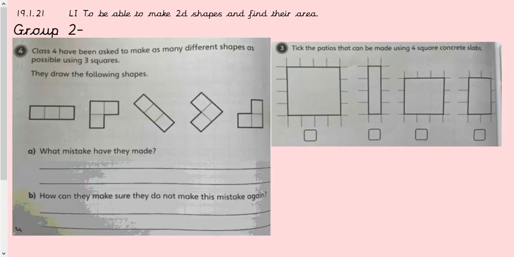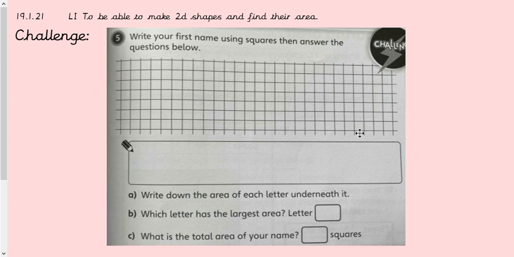This is group 2. And then this is your challenge for those of you who get onto it. Okay, so once you've done those, then come back to the video and we'll go through the answers.